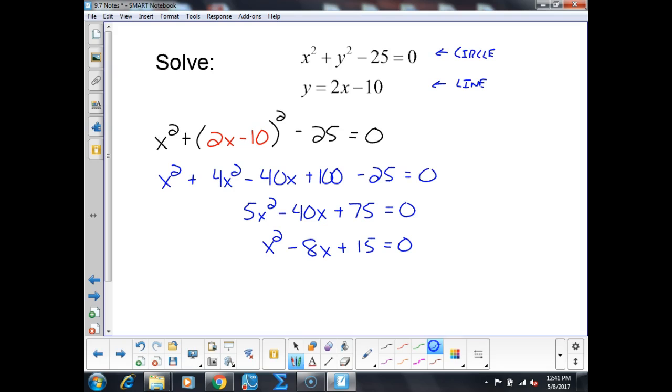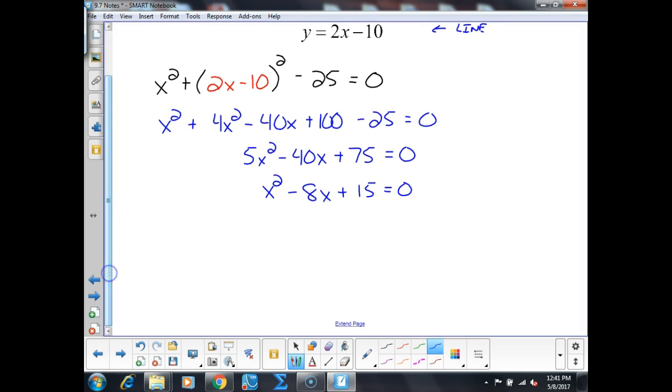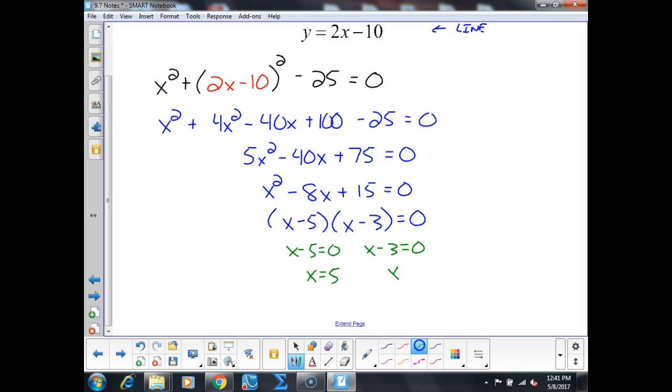Equals 0. Then factor it. What does it factor to be? X minus 5 and x what? Minus 3. So then x minus 5 equals 0 and x minus 3 equals 0. So I get x equals 5 and x equals 3.